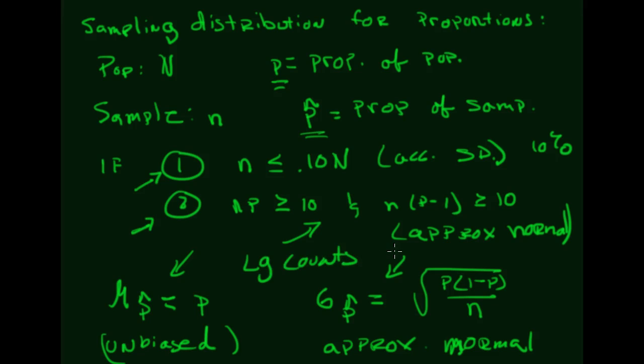Okay, so we're going to put this all together and look at an example problem. The population of Maryland is approximately 6 million people. Let's just make a conjecture that maybe 31% of them are Democrats.